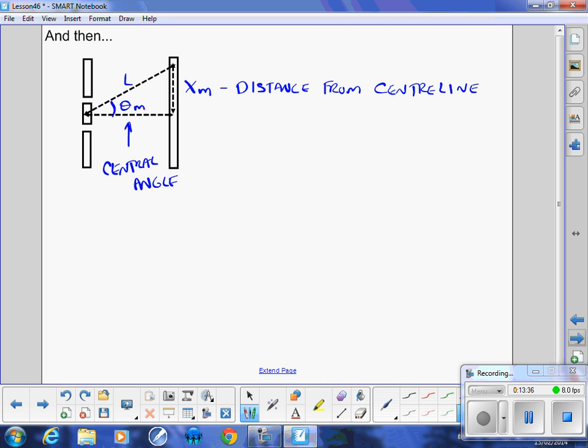So we're going to leave it as is. If we do some of the trigonometry here, we find that, again, if I use sine, just from SOHCAHTOA, that's your opposite over hypotenuse again. This time I'm going to use sine theta M equals, my opposite length is XM, so the distance from the center line to what we're looking at, a bright region here.